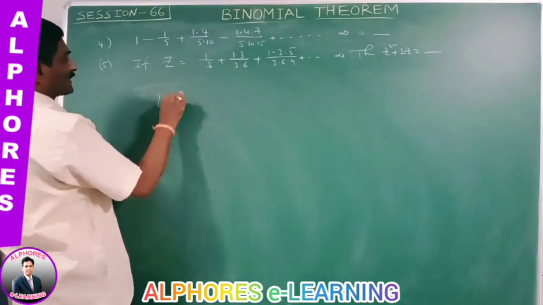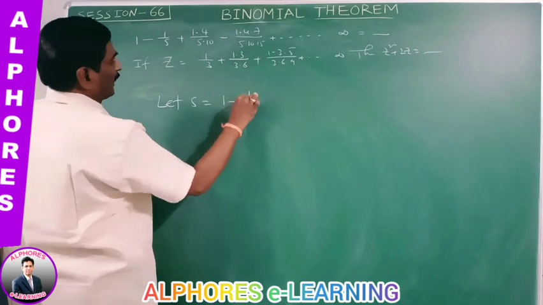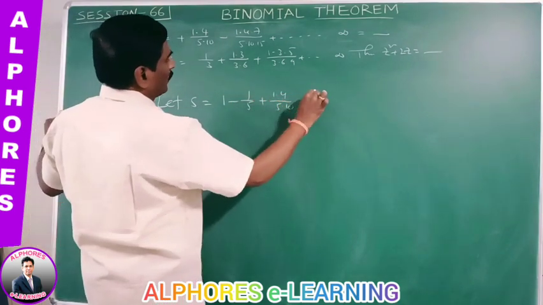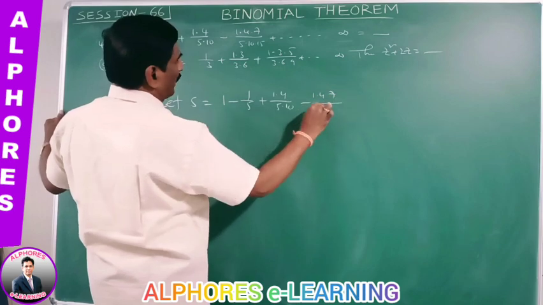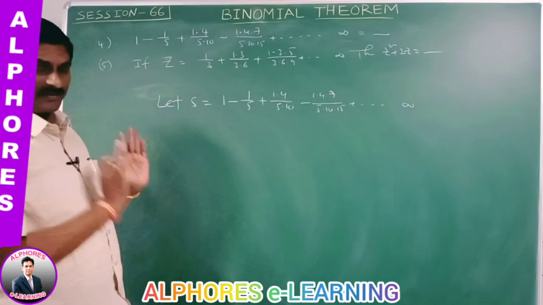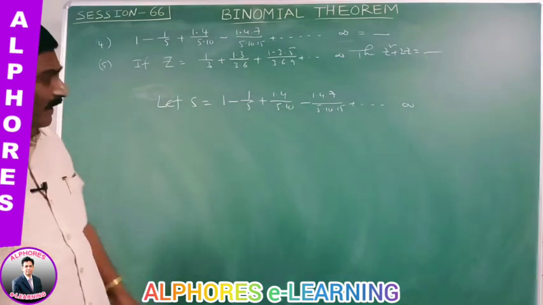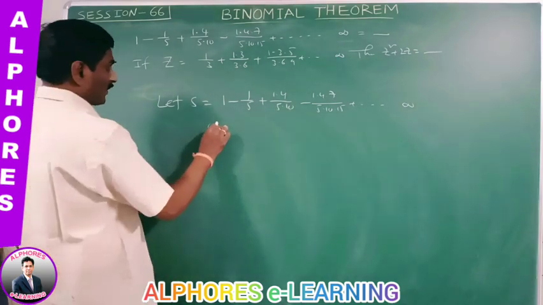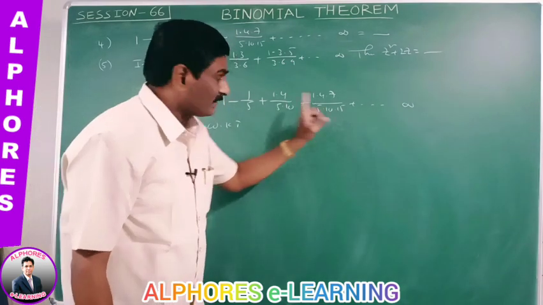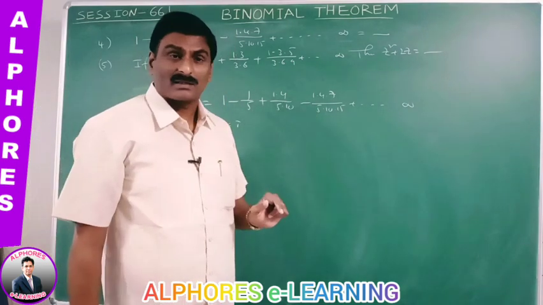So first let s be equal to this value: 1 minus 1 by 5 plus (1 into 4) by (5 into 10) minus (1 into 4 into 7) by (5 into 10 into 15) plus so on, infinite. It is the sequence. Already we know that. Please observe this value. In this sequence, the terms are alternately plus and minus.